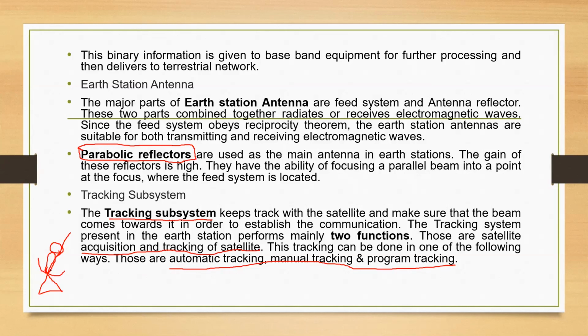Manual tracking is done by the network operator, and in program tracking, the computer itself tracks the signal and takes the decision depending upon the position of the satellite, by initiating the stepper motor used to move the antennas of the earth station.